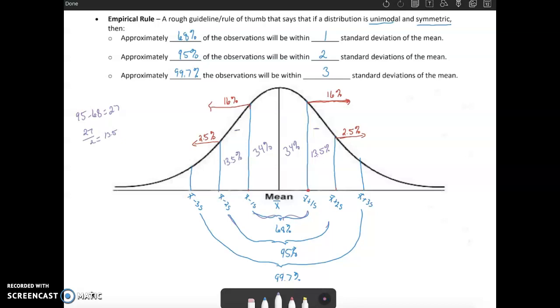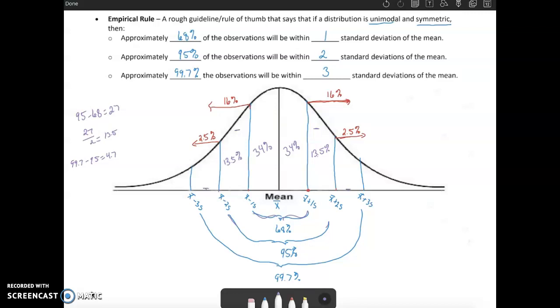Now let's do one more area here. Again, I can do some subtractions here where I say, okay, if there's 99.7% inside the 3 standard deviations, but I've already gotten the 95% accounted for, 99.7 minus 95 means that there is 4.7% to be split amongst this and this area.